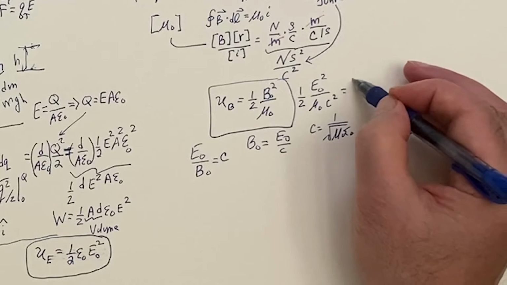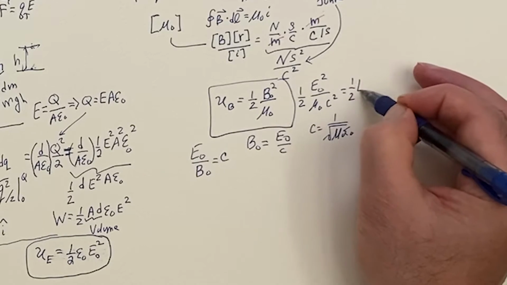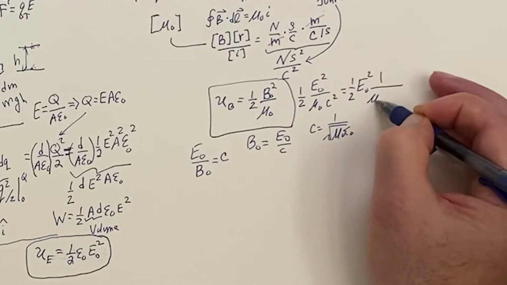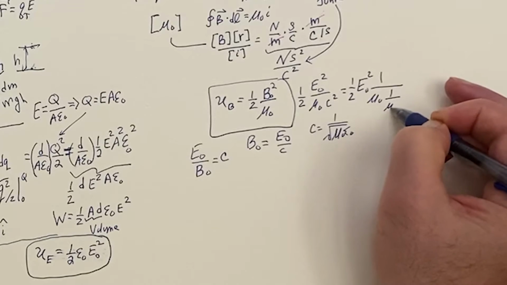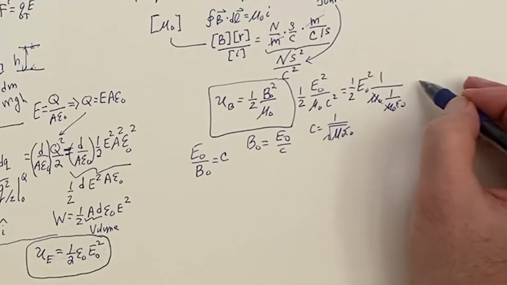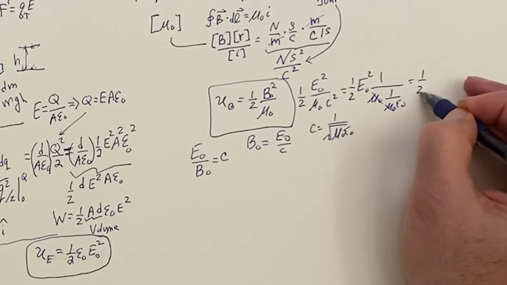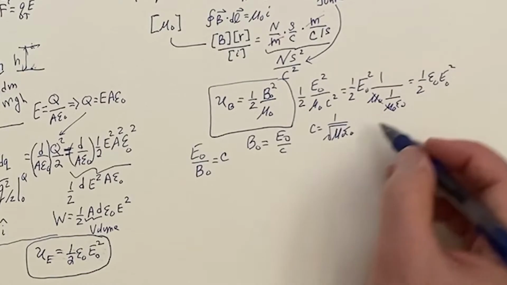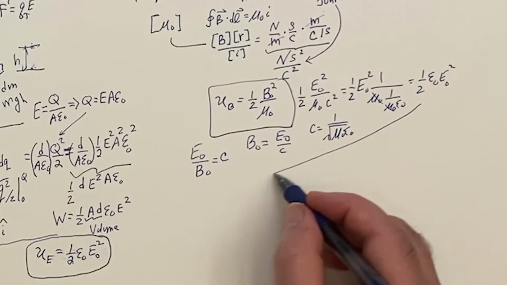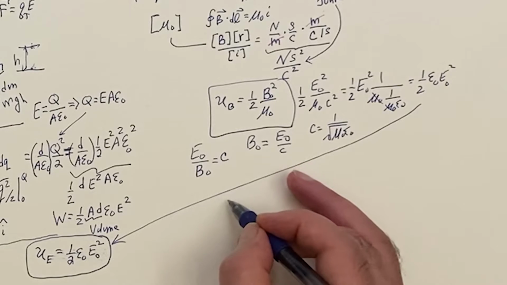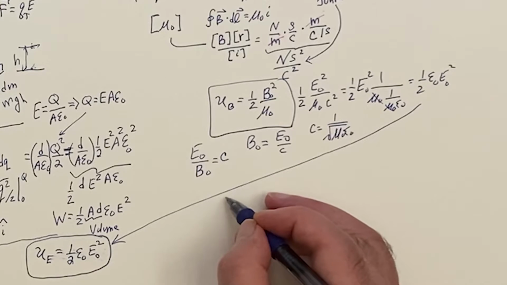So that means this is 1/2 E naught squared. Down in here I have a mu naught and a 1 over mu naught epsilon naught. These will cancel. The epsilon naught pops upstairs, and guess what? It's the same as we got for the electric field density, the energy for the electric field.